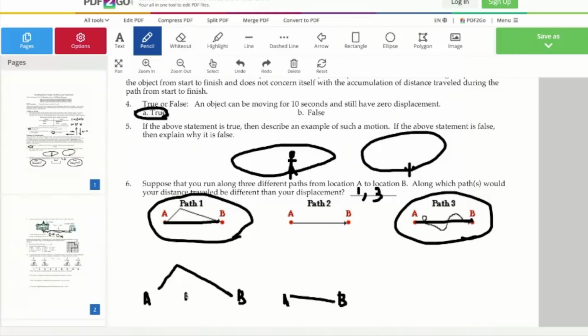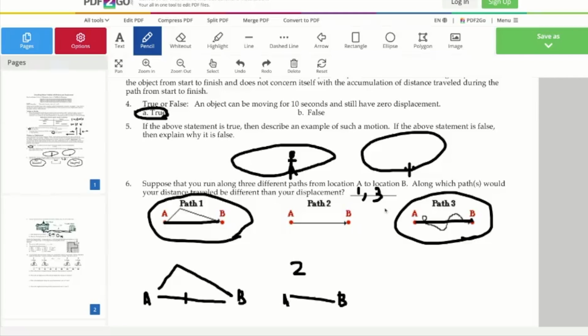Which one is longer, 1 or 2? Yeah, 1 is longer. So 1's distance is longer, but their displacement is the same. Ultimately, they have the same straight line distance. A person could have just taken the straight line path. So their distance, the path that they actually took, is their distance. Displacement is a straight line change in their position. Does that make sense, Athena?